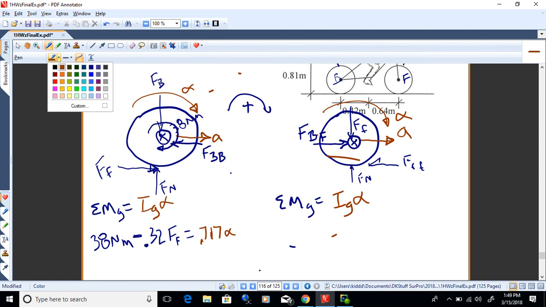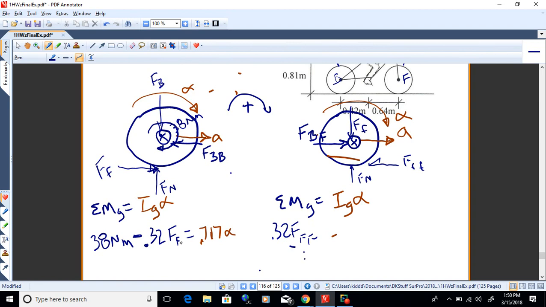Now we got another one. And what the other one's going to be here is a little simpler. This is just 0.32 force of friction. Now that's for the front. This one's for the rear here. So the back, rear, whatever. And that's just equal to this I in the front.